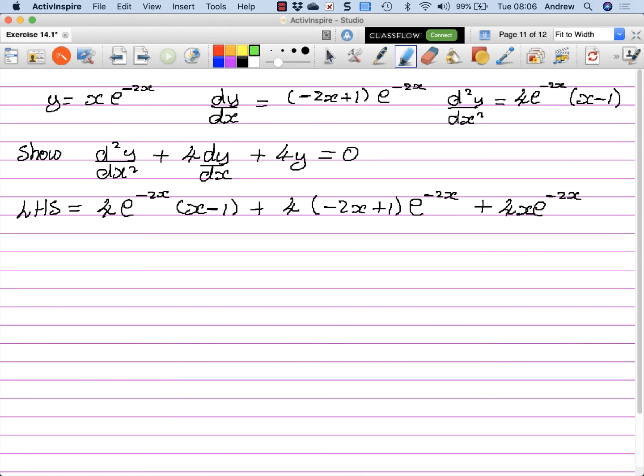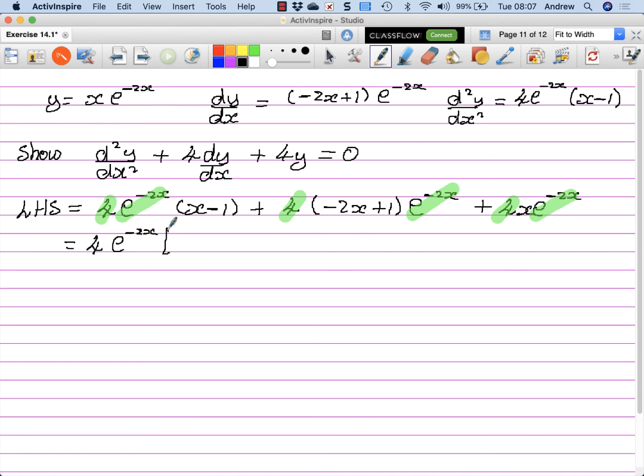And again, the trick for solving these problems is to factorize. We have a common factor of 4. We have a common factor of the exponential. And we're going to take this out now. So we're taking out 4 as a common factor and e to the minus 2x as a common factor.